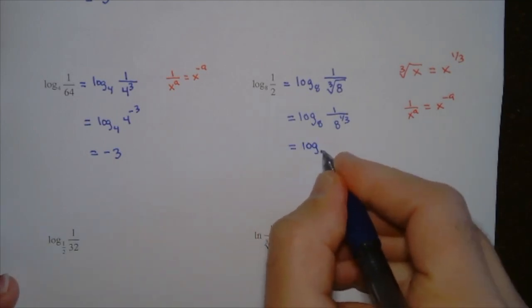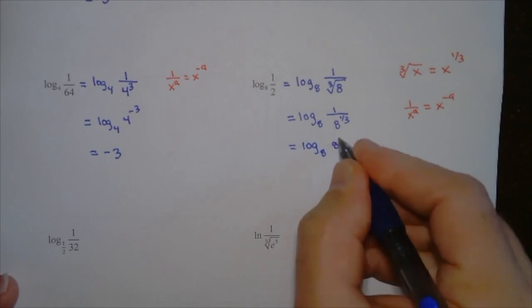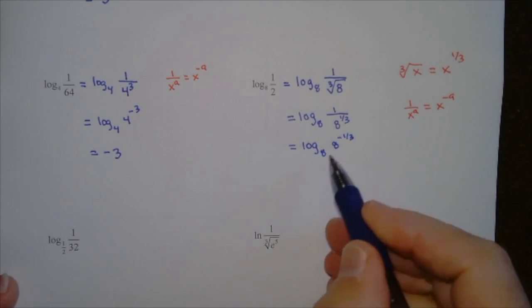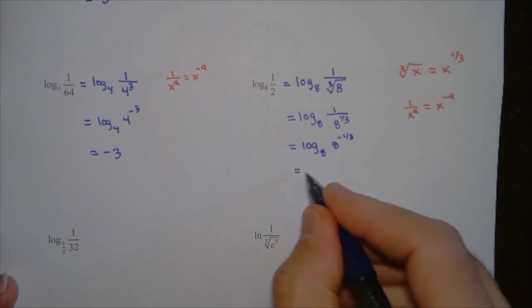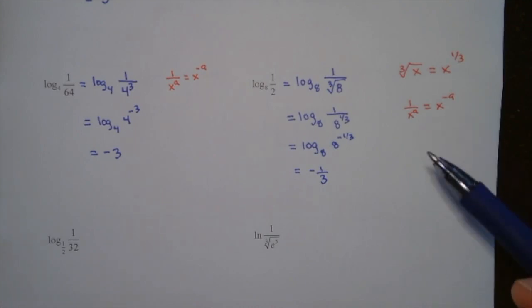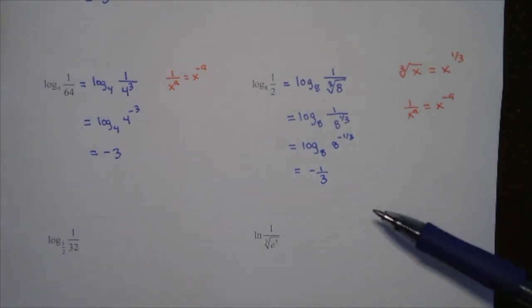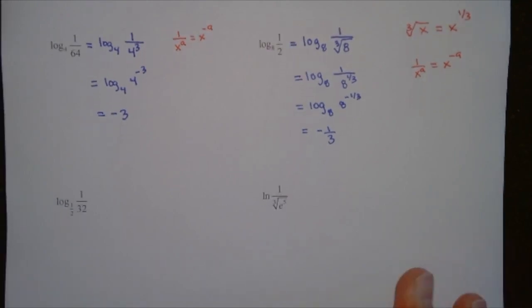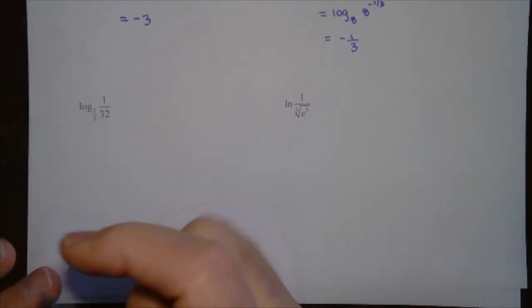So we're going to get this to become log base 8 of 8 to the negative 1/3 power. And now they're going to undo each other, and you're going to be left with negative 1/3. So log base 8 of 1/2 turns out to be the same as negative 1/3.